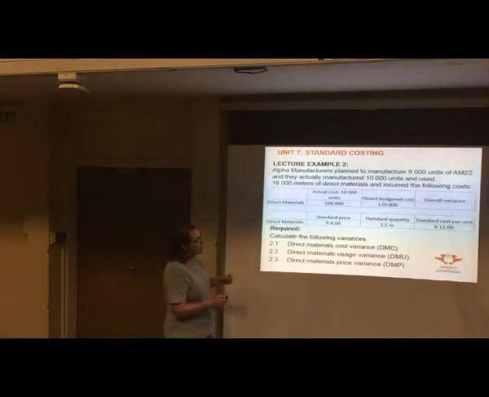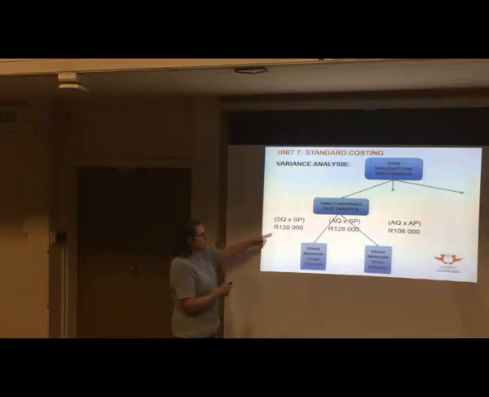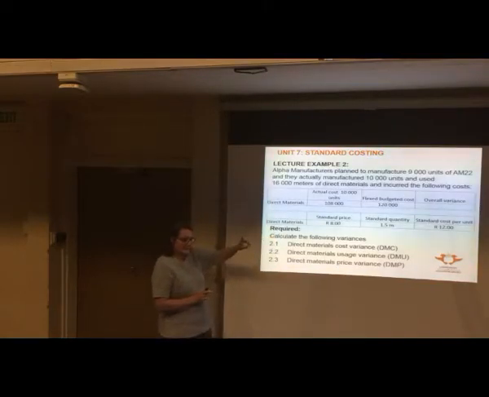Standard flexed units is 10,000 units, standard quantity 1.5 meters, standard price 8 Rand. So this must be standard quantity flexed, 10,000 units times 1.5 meters a unit times standard price 8 Rand, which gives you 120,000. You've got to flex it.